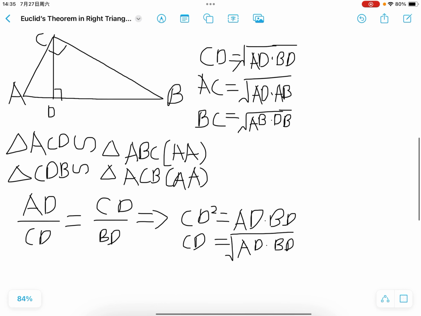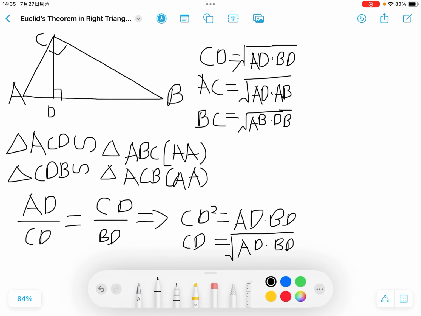After we choose our 2 out of 3 triangles, we use the ratios again. So we have AC, which is the hypotenuse, over the other hypotenuse, AB, is equal to, so AD is the shorter leg, right? So we have AD over AC. So we have AD over AC is equal to AC over AB.